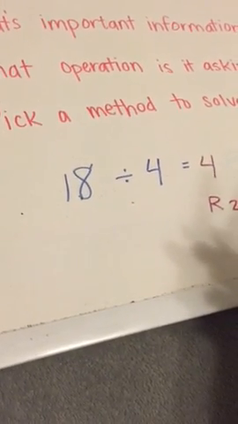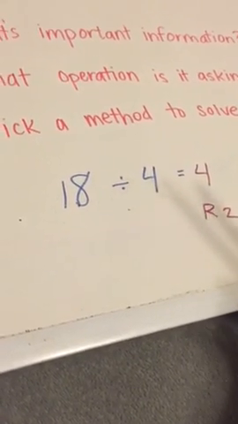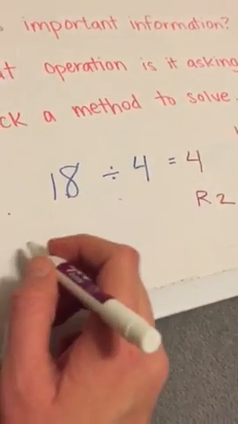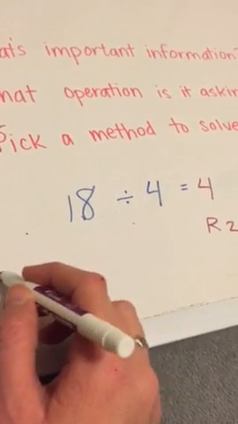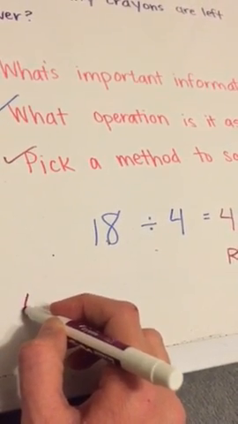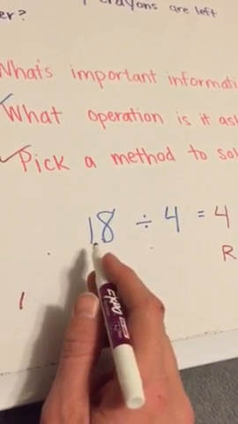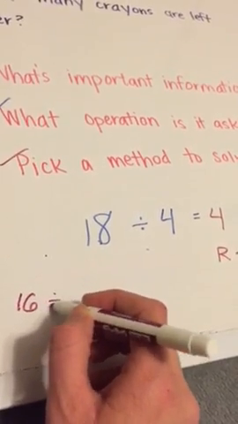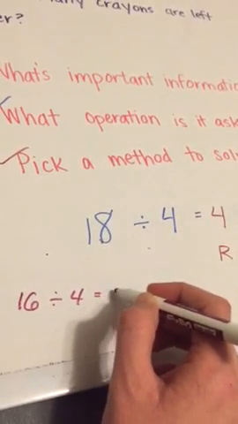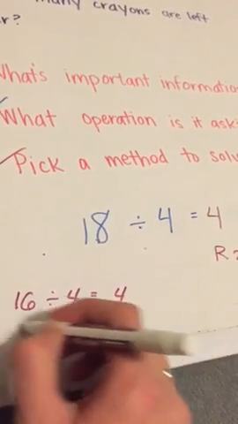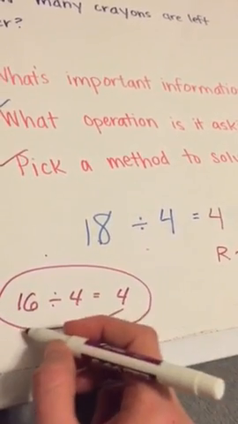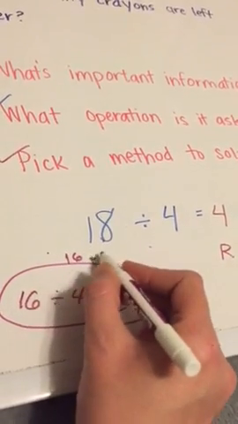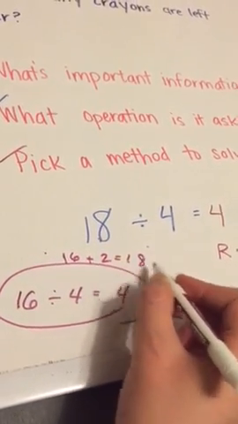Ultimately, the method that will serve you the best is knowing your multiplication facts, knowing those fact families we talked about. Okay? So if you know 18 divided by 4, that the closest thing you know in the 4 fact family is 16, then you would do a little bit of estimation, and you know this fact family, you have that memorized, so you know that because this is plus 2, 16 plus 2 is 18.